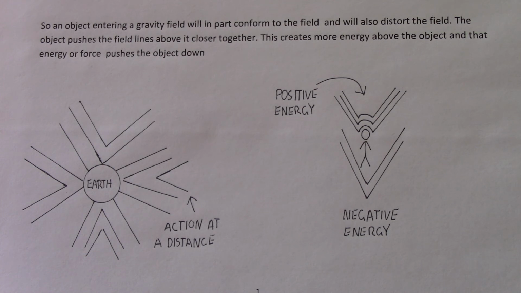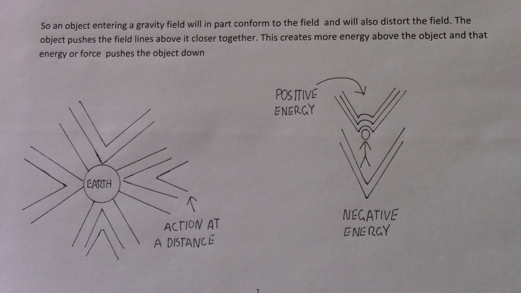Now, an object entering a gravity field will in part conform to the field and will also distort the field. The object pushes the field lines above it closer together. This increases more energy above the object, and that energy or force pushes the object down. Now, below the object, the field lines are stretched towards a central mass.